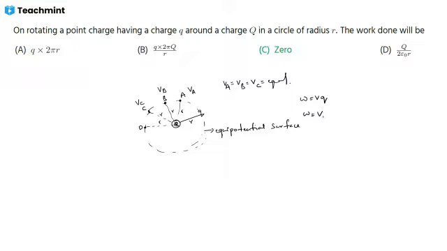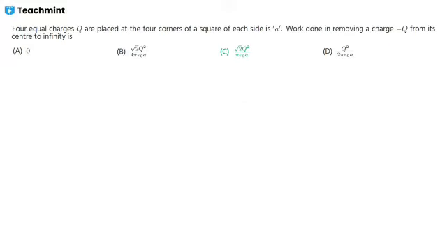Let us consider two points A and B. Between them the potential difference is VA minus VB. But as the potentials are the same at all the points, the difference is 0. So the work done is 0. So option C.